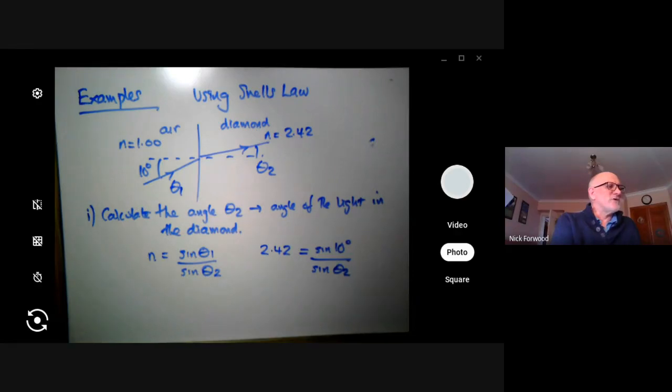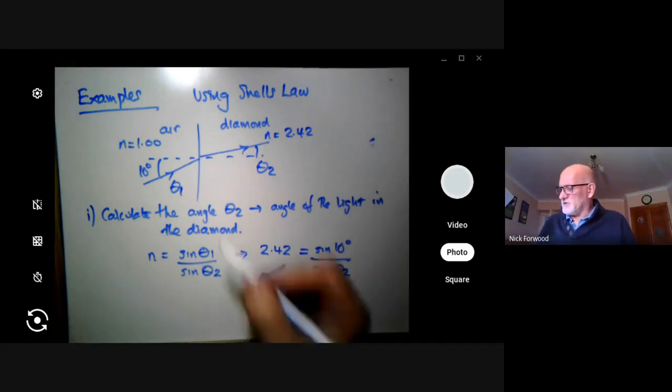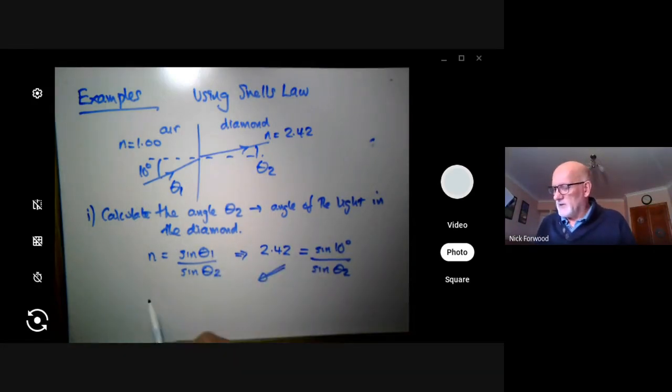Right, so you can rewrite the formula, you can do some cross multiplying, do whatever it is you normally do. I might go from there to there, and then I'm going to go over here because I haven't got room. I should really be working down the page, but never mind. Sine theta 2 is equal to sine of 10 degrees divided by 2.42.